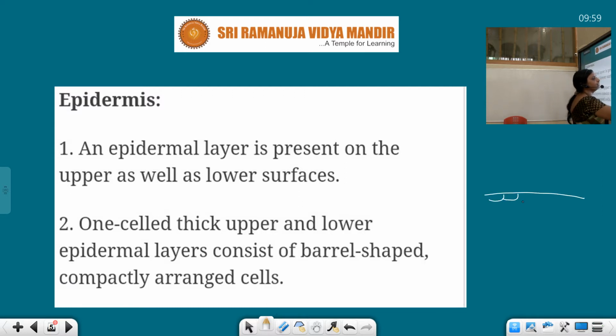This is the upper epidermis and this is the lower epidermis. These are barrel-shaped or rectangular cells, compactly arranged without intercellular spaces.